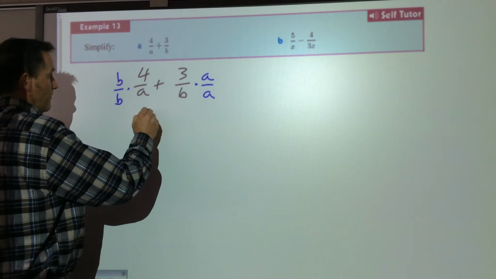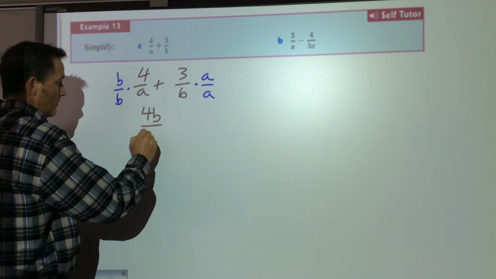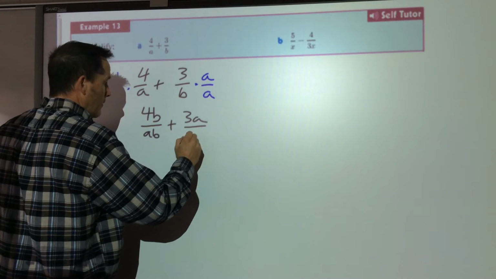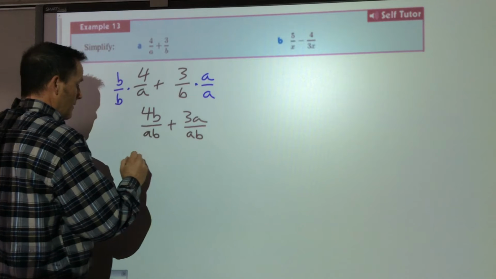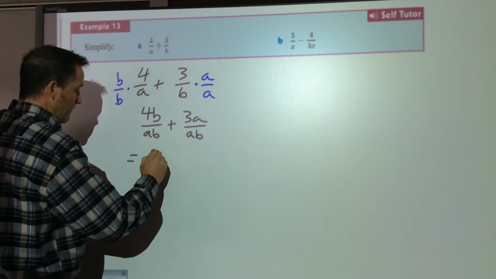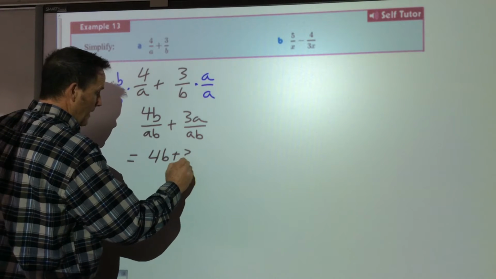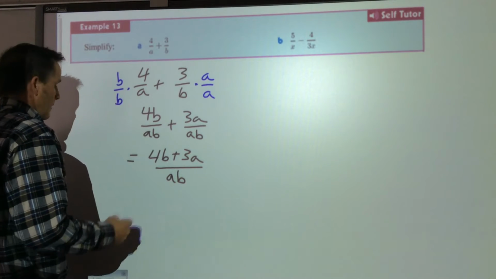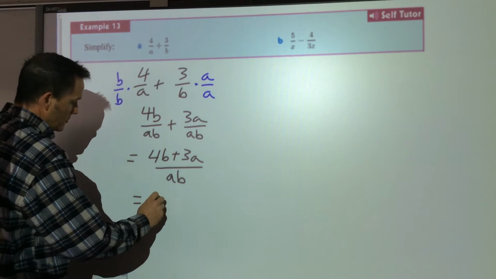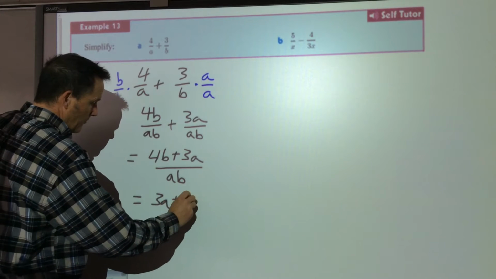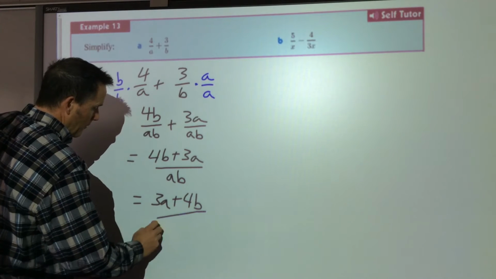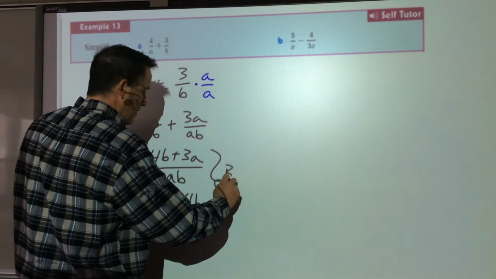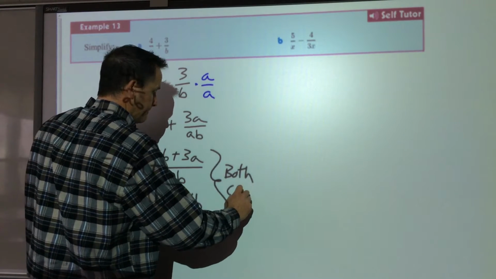So that gives me 4b over ab plus 3a over ab, which then becomes 4b plus 3a over ab. And if you don't like having b first, you can always write that as 3a plus 4b over ab. Both correct.